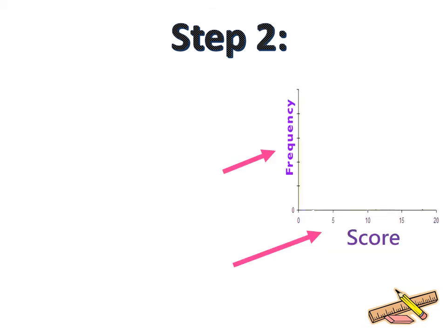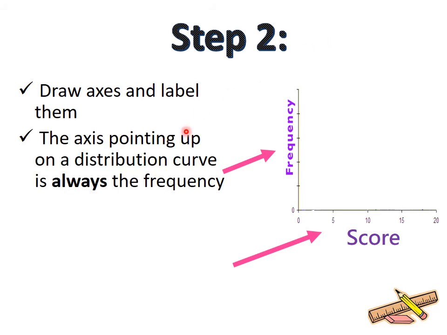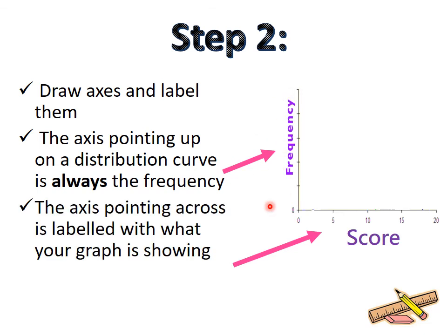Step two is we draw out our axes. Now, as I said, in a distribution graph, the frequency is always on the y-axis. That's the one that goes up. And whatever you're measuring, in this case, the score on the test, is always on the x-axis.